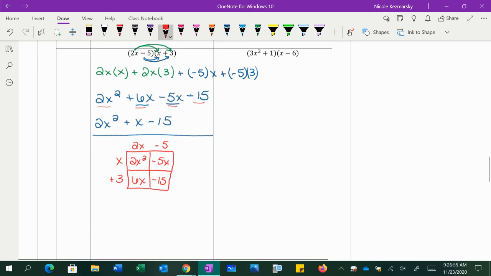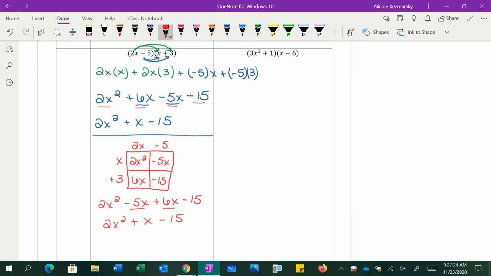So I can take them out of the box and get 2x squared minus 5x plus 6x minus 15. And then I have like terms that I can combine. So I can say 2x squared plus x, because 6 minus 5 is 1, minus 15.